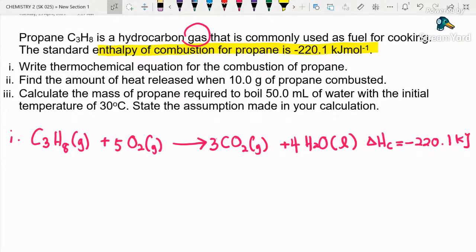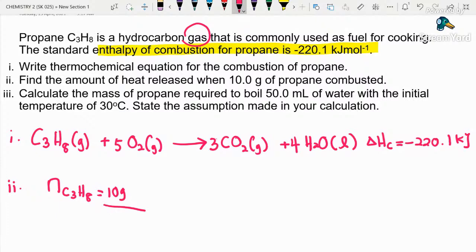Okay. Alright, so next, find the amount of heat released when 10 gram of propane combusted. So based on the equation, it is for 1 mole. If you only have 10 gram, how many mole? Right, so kita tulis nombor 2, soalan jawapan yang kedua. First, we need to find the number of mole propane. 10 gram over, you can find the molar mass of propane.